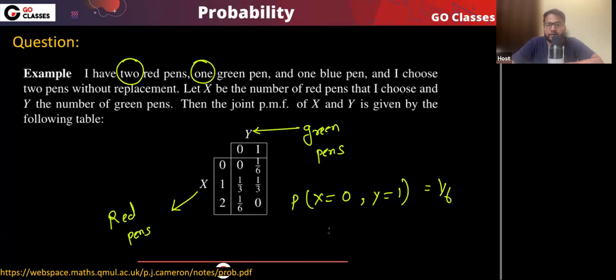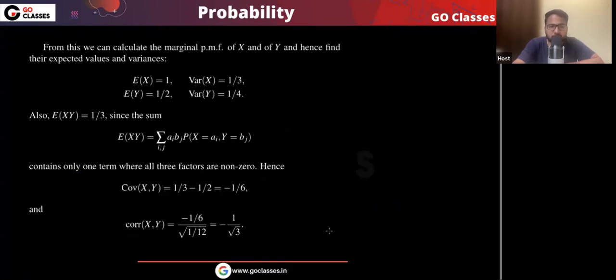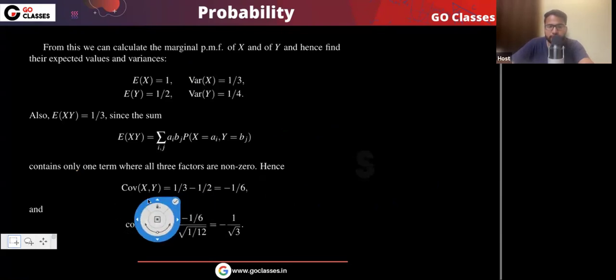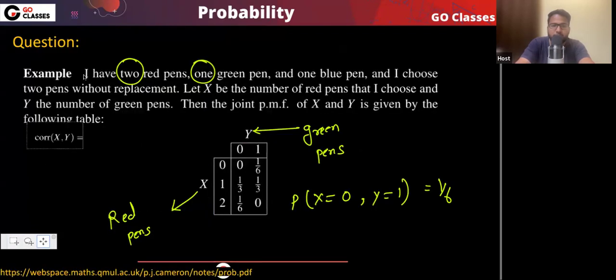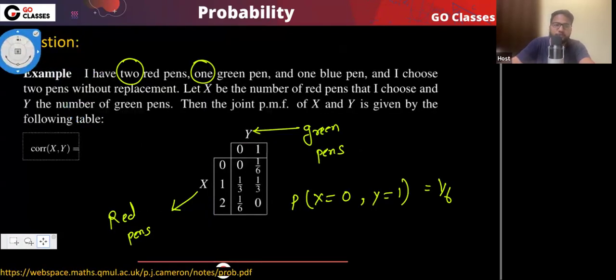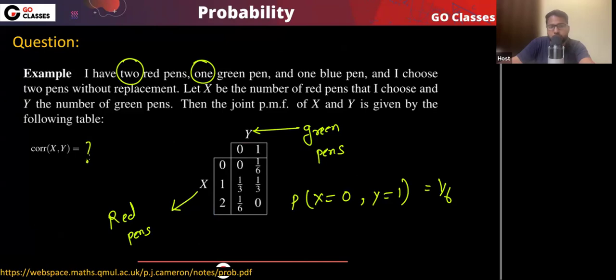Suppose they ask you to calculate the correlation between X and Y. How to do it?